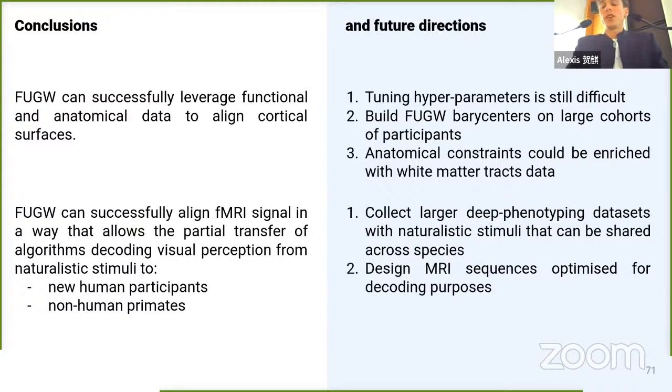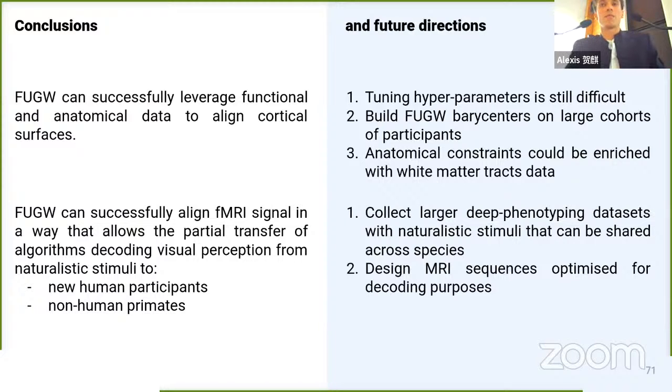Lastly, when it comes to decoding, I hope to have convinced you also, but my personal belief is that future research directions that involve the development of new methods are obviously welcome, but the workhorse of this research is actually data. And we'll need more data and more individual data than we have at the moment if we want to pursue in this direction.